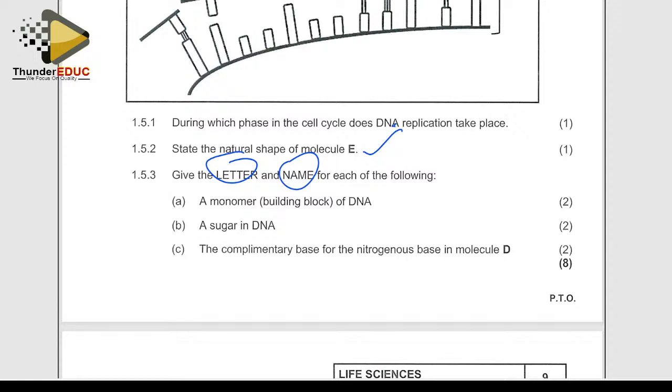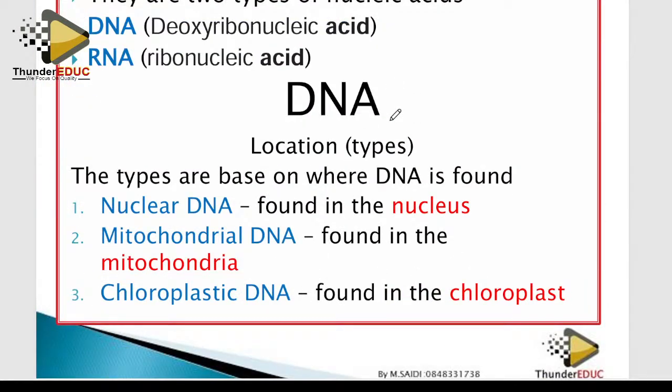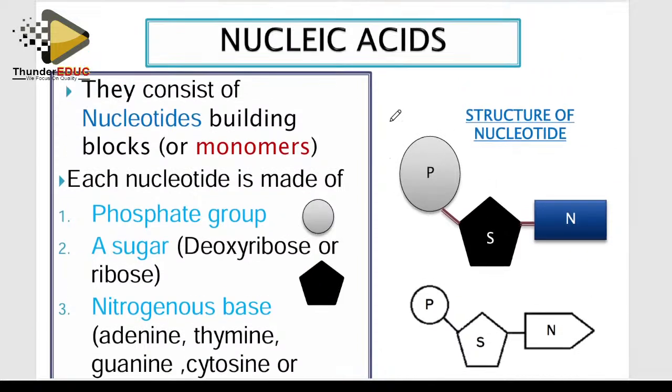For each of the following monomers. We highlighted this several times. We said, is it a nucleotide? It's a nucleotide. I showed you and I said, guys, please make sure, nucleotide. Sometimes they call it building blocks, sometimes they call it monomers. That's what I said yesterday.